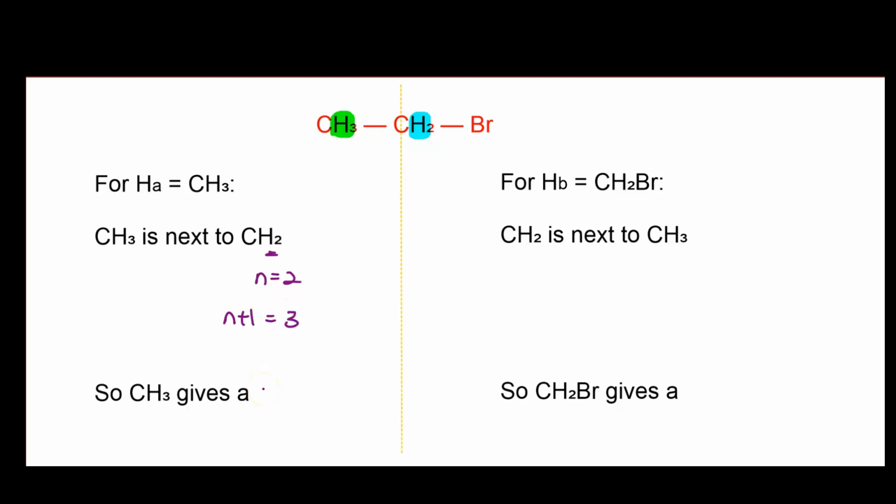So CH3 gives a triplet. The CH₂Br signal is split by 3 hydrogens on the neighboring CH3. So n equals 3. Hence, number of lines equals n+1, so we have 4 lines. So CH₂Br gives a quartet.